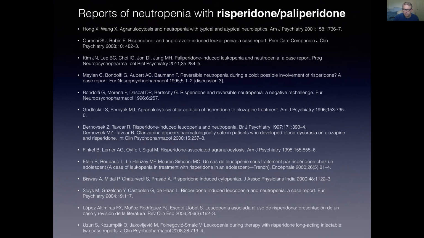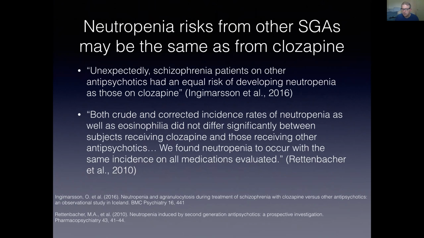So as the literature review would suggest, neutropenia and agranulocytosis is not unique to clozapine. Nobody's done really formal surveys to get at the question of what precisely is the risk of neutropenia or agranulocytosis from second-generation drugs.